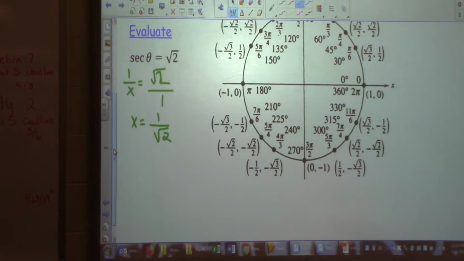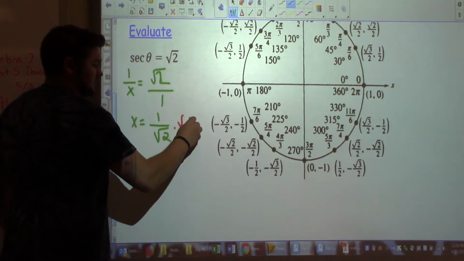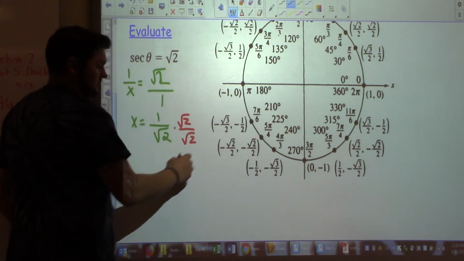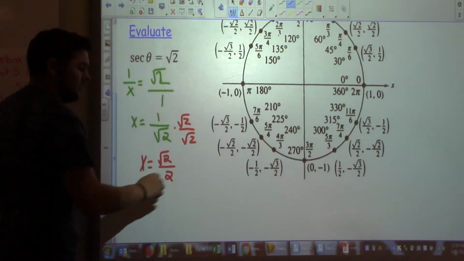Alright, look at a unit circle. Where does x equal 1 over square root of 2? It's not there. Why do you think it's not there? Because of the things in the bottom. We need to do the vocab word that starts with an R. Rationalize. We need to rationalize. Times square root of 2 over square root of 2. X equals the square root of 2 over 2.